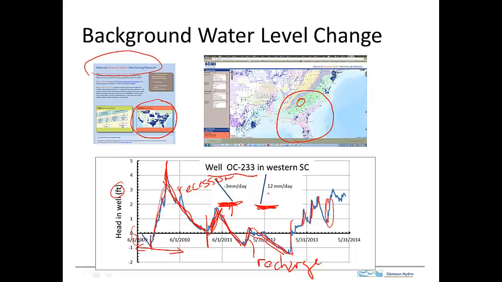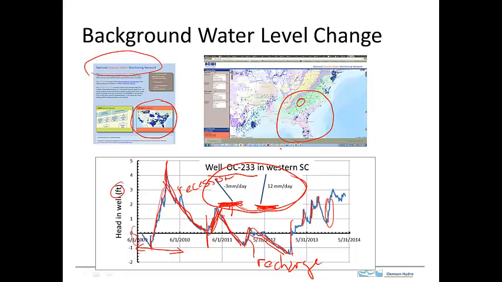So what you would expect if you were going to conduct a test in this well is that at any given time, the water level is probably changing by something in this ballpark. And it may be falling, it may be rising, you don't really know.